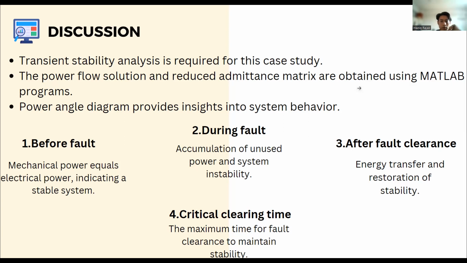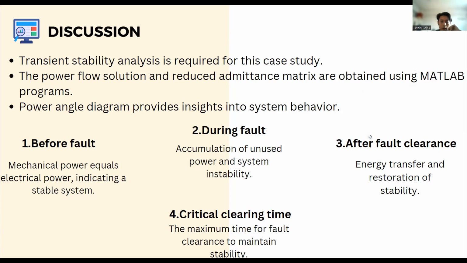The system operates in equilibrium with equal mechanical and electrical power. Next, during fault, there is accumulation of unused power and system instability. The electrical power decreases significantly while mechanical power remains constant, leading to unstable conditions.